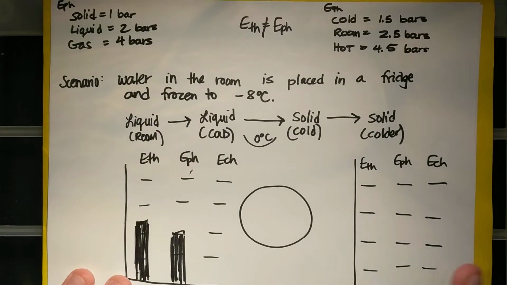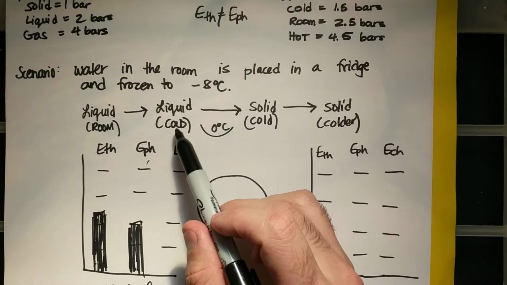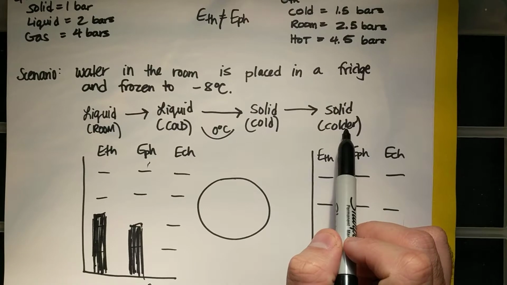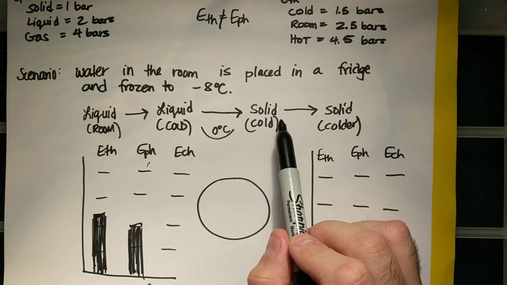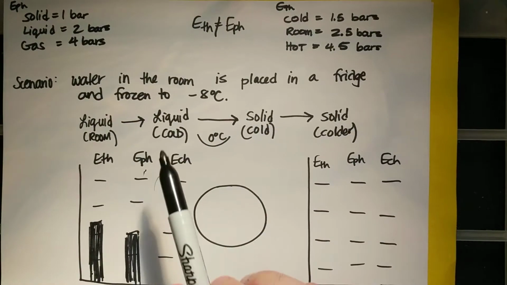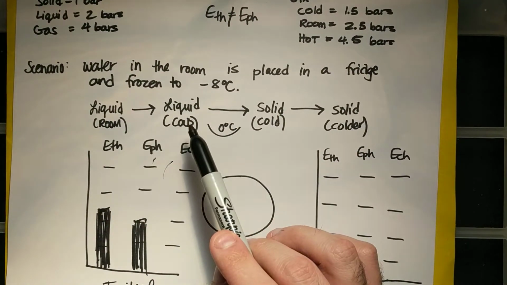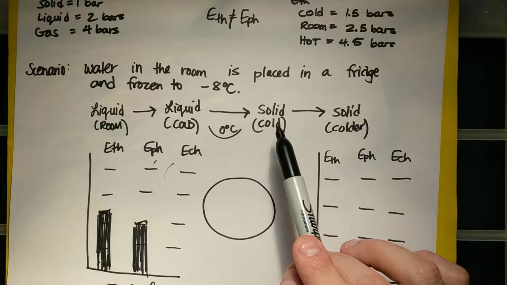Okay? Now, what's eventually happening is I am losing thermal energy twice, and I'm losing phase energy because I'm going from a warm liquid or a room temperature liquid to a cold liquid, and then I'm going from a liquid to a solid.